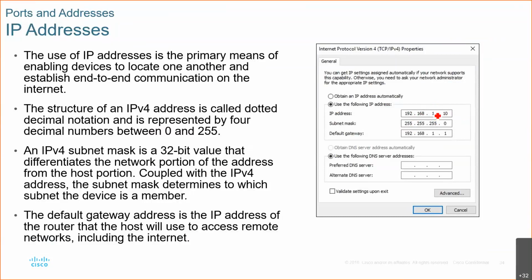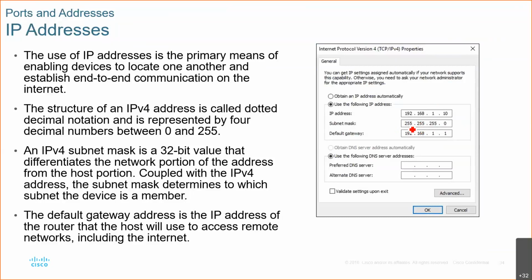And you also have a subnet mask. The subnet mask tells you how many portions of your address are network-based and how many portions are host-based. For example, here, when you see 255, that means it is 8 ones.